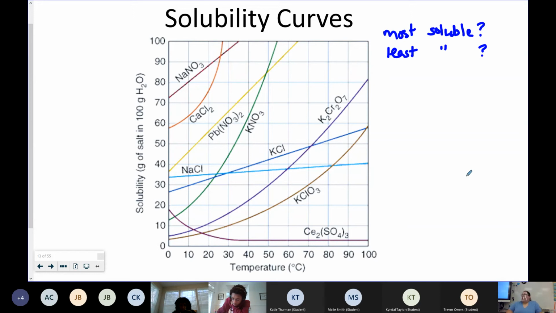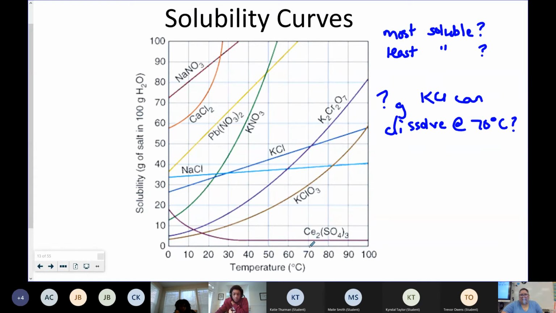Other things that you might be asked is at a given temperature, how much is dissolved to make a saturated solution? So I might want to know how many grams of KCl can dissolve at, sorry, I'm trying to write and talk at the same time, can dissolve at, let's do 70 degrees Celsius.